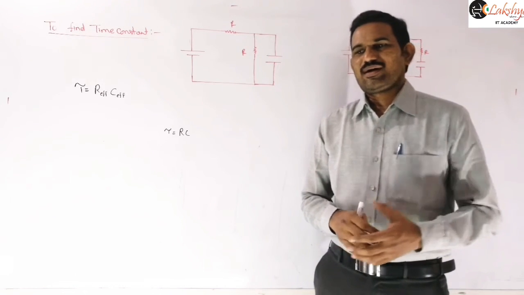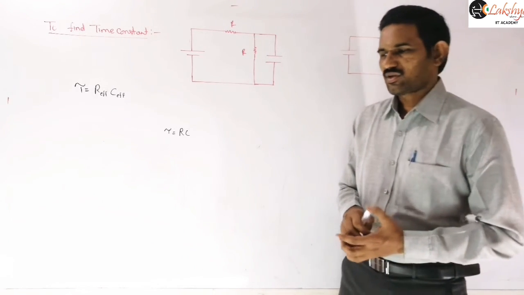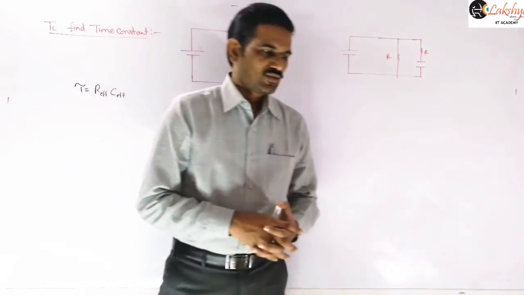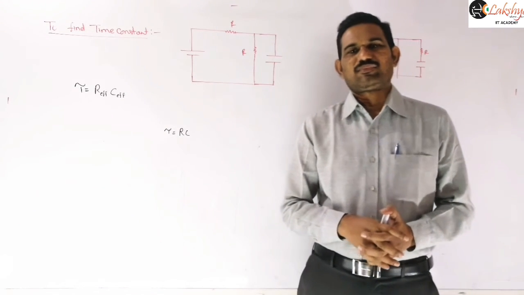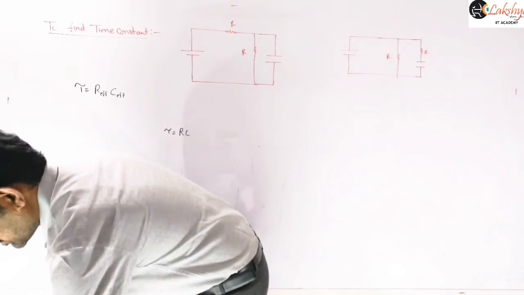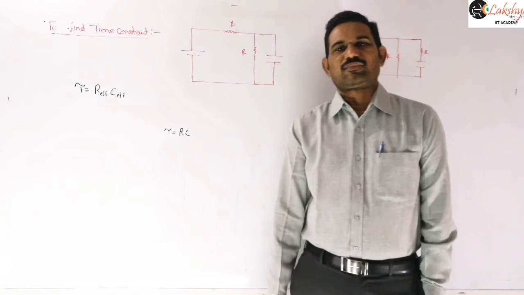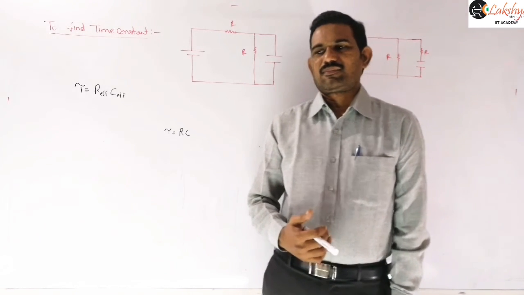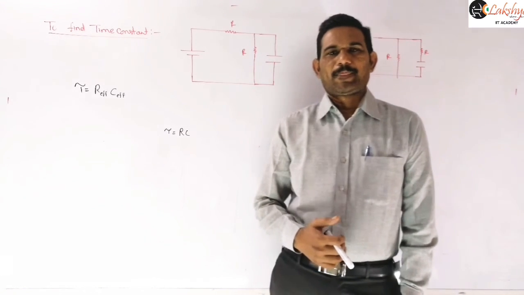When two or more resistors and capacitors are connected in a circuit, then the time constant of the circuit can be calculated easily by the following procedure.